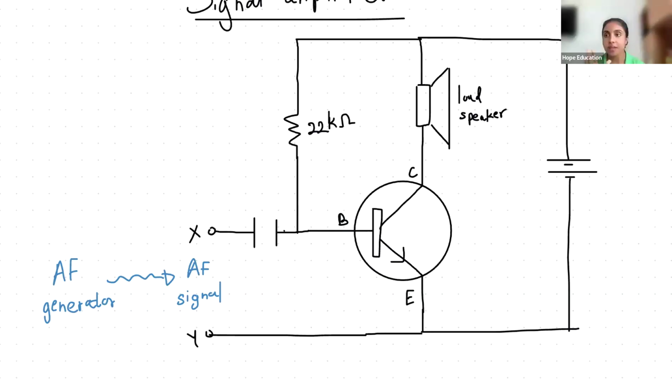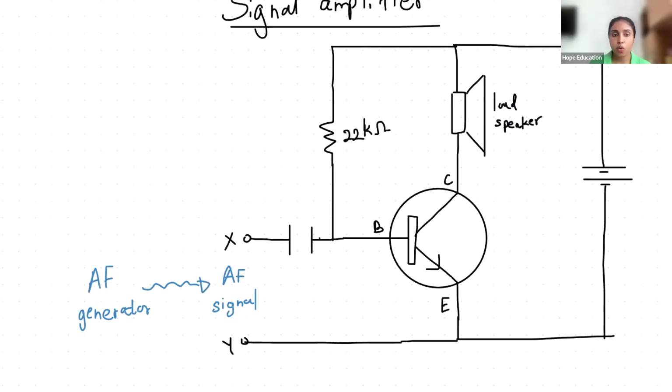Separately, first of all, this 22 kilo ohm resistor here. 22 kilo ohms is a lot of resistance, right? 22 kilo ohm would be 22,000 ohms, in other words. A kilo means 1,000. So 22 kilo ohms is 22,000 ohms, right? That is a large resistance, right?